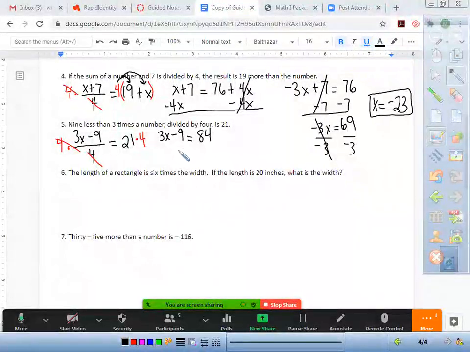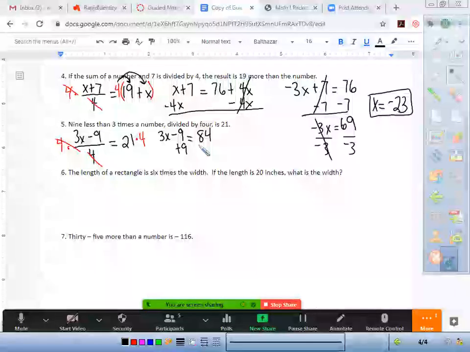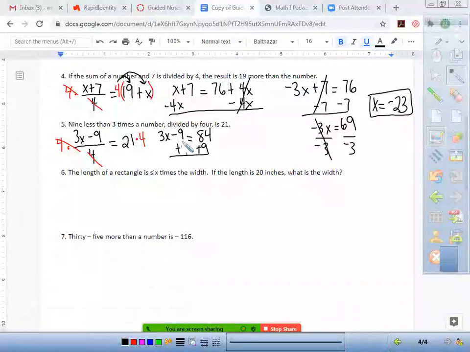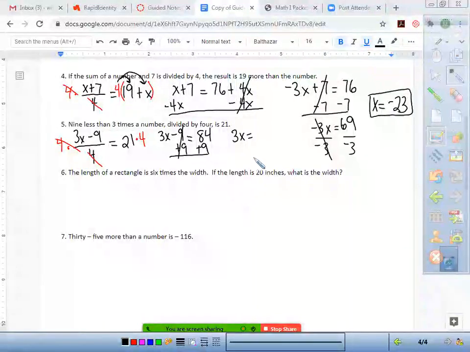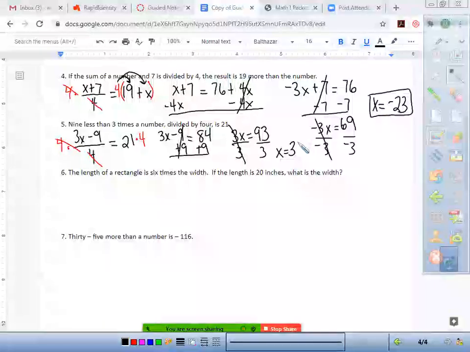All right, then we're going to go plus 9. And we're going to get 3x equals 93. And then divide by 3. 31. Is that what you said? Okay.